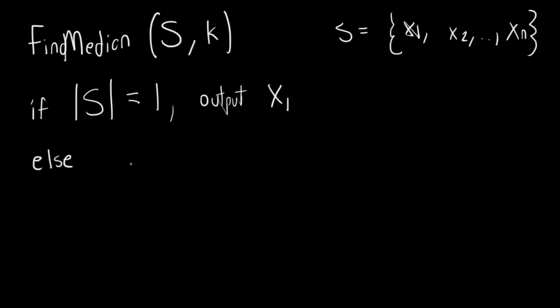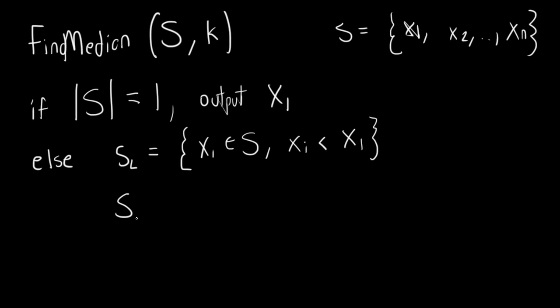Then we'll have else. We'll have the left side, and we'll define that left side, SL, as xi, part of our set, where xi is less than x1. So all the values that are less than x1, remember, we're picking that first value as the pivot.